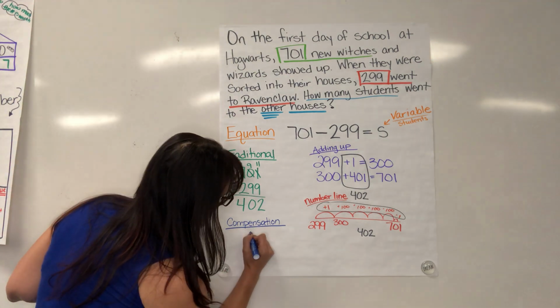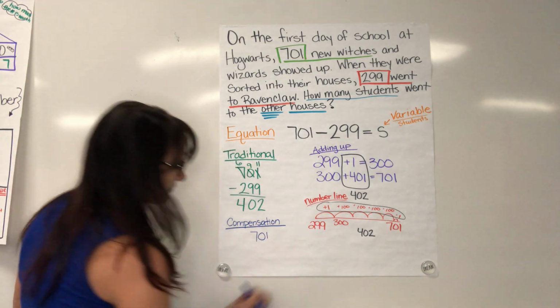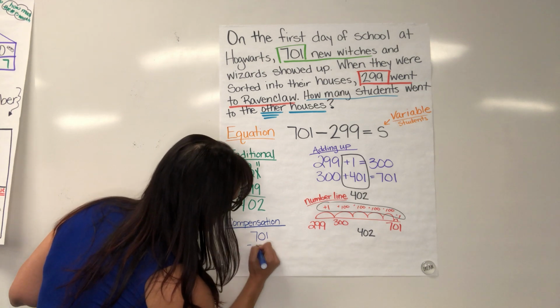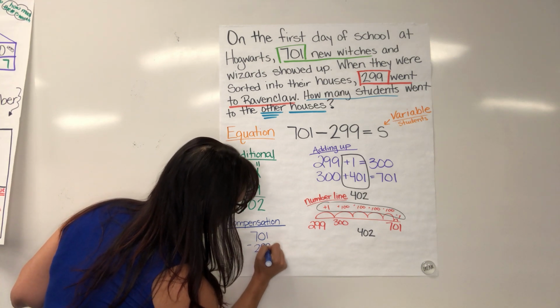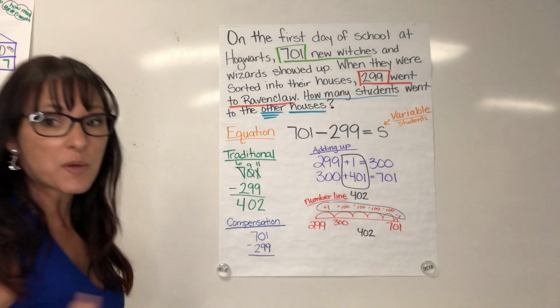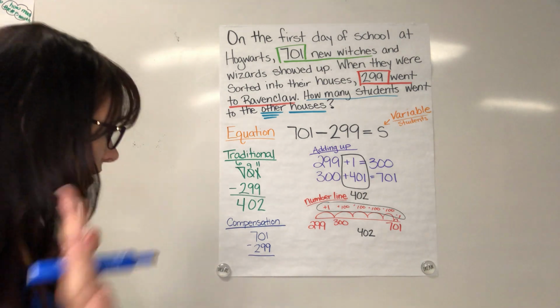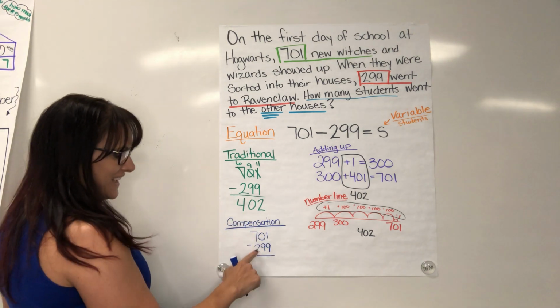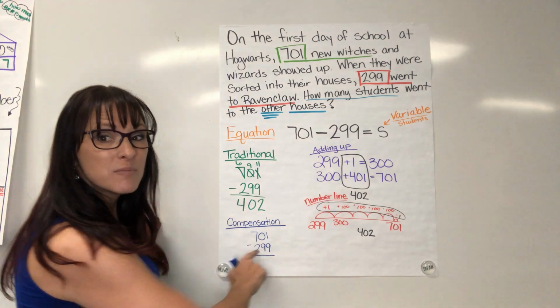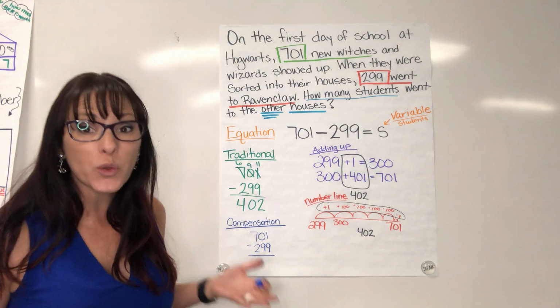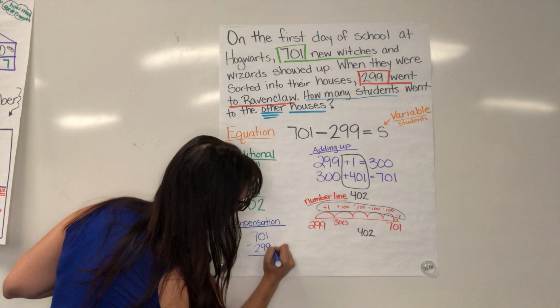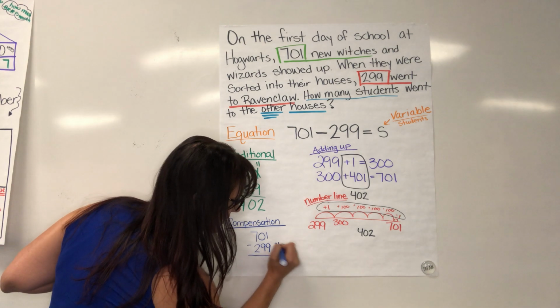If I take 701 and I take 299, okay, watch this. It's gonna blow your mind. Really hone in on this. If I just add one more to that 299, it's gonna give me 300. Okay, so I'm gonna take this, I'm gonna add one and make it 300.